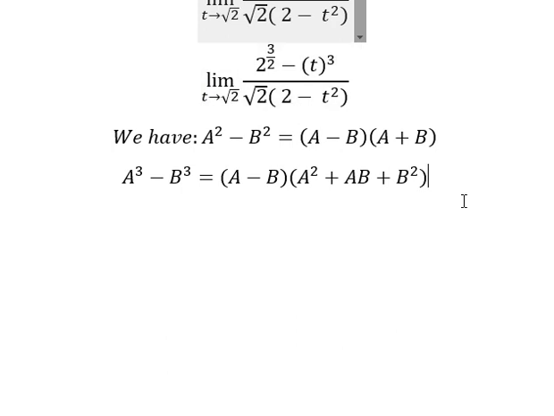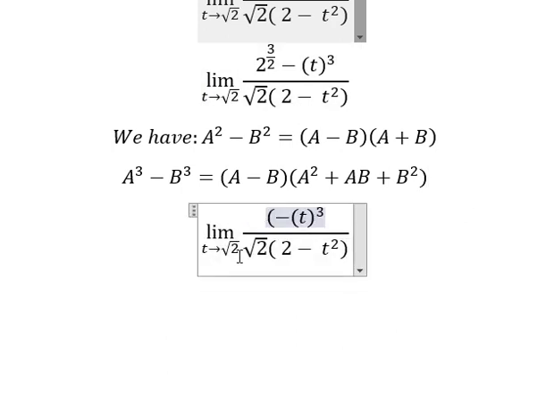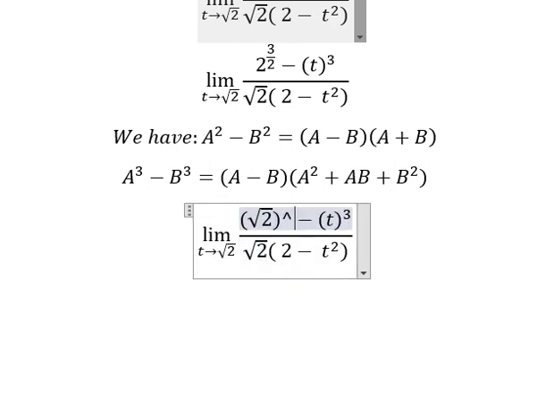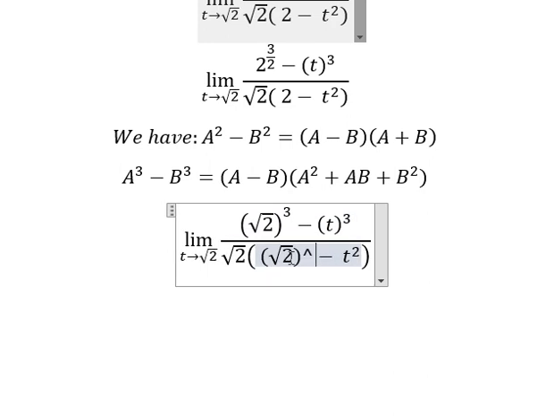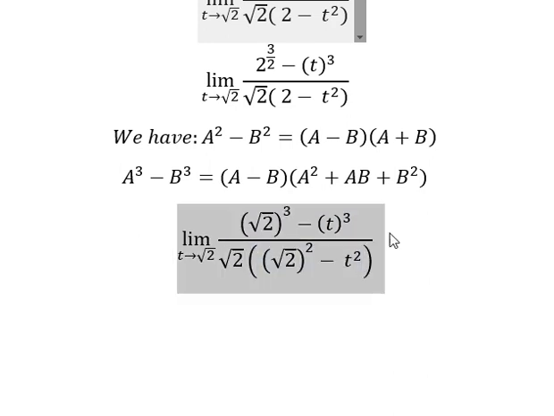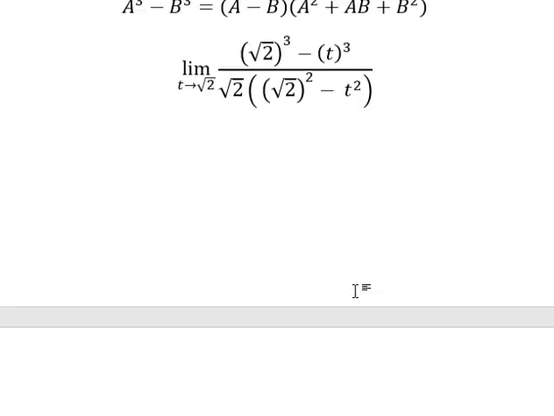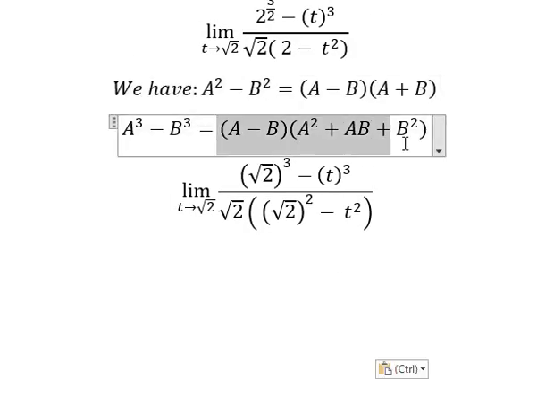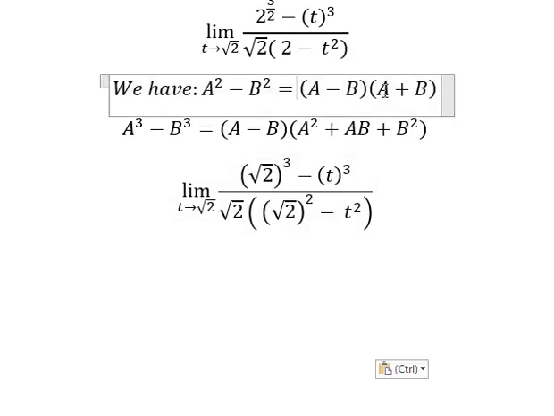So for this one, that is the square root of number 2 to the power of 3. This one, the square root of number 2 to the power of 2. Now, we need to convert this one into this one, and this one into this one.